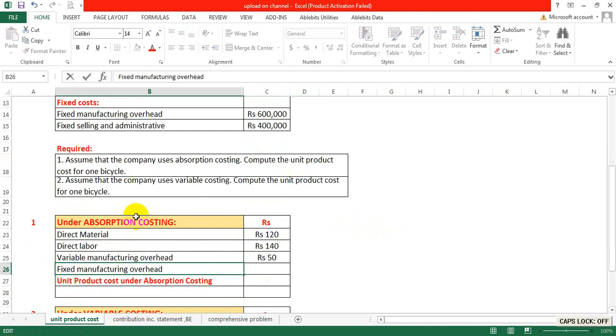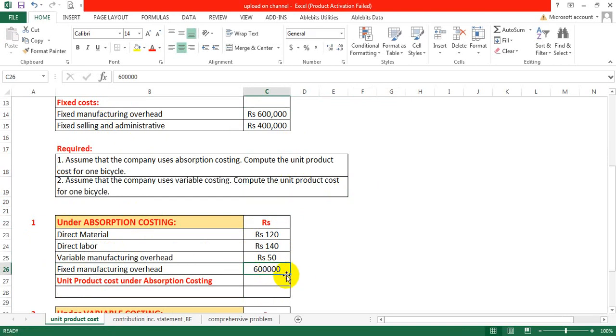Okay, so fixed manufacturing overhead, we have this in total, right? Like I'm writing here 6 lakh, but see, this value is in total, not per unit. So we will convert it into per unit cost, right?